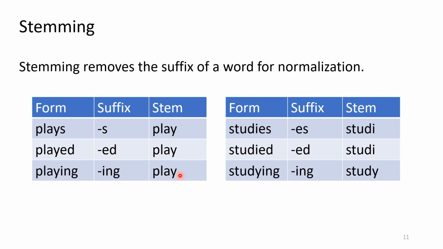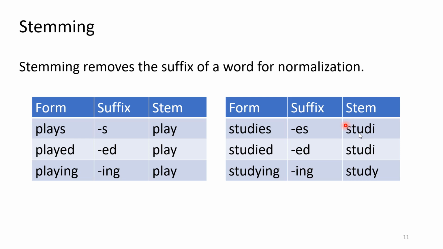However, in some cases, stemming generates a strange form. For example, stemming the word study. Study is studies in the third person form. If we apply stemming to this word, the suffix is es, and es will be removed, and then the word becomes studi, S-T-U-D-I, a strange form.